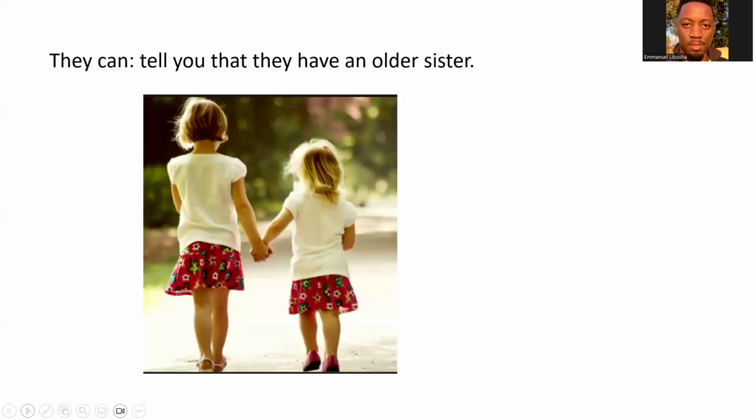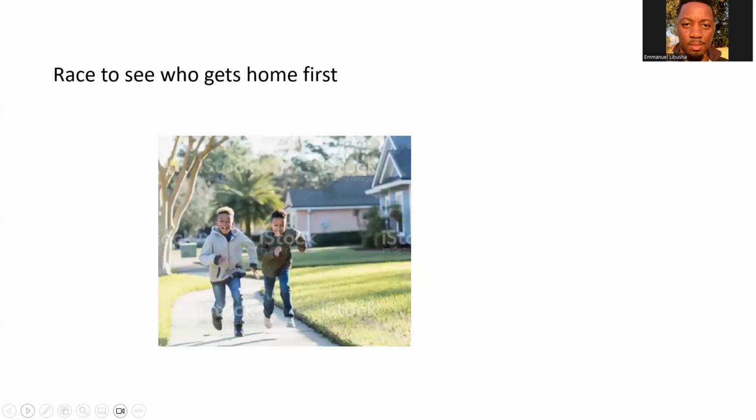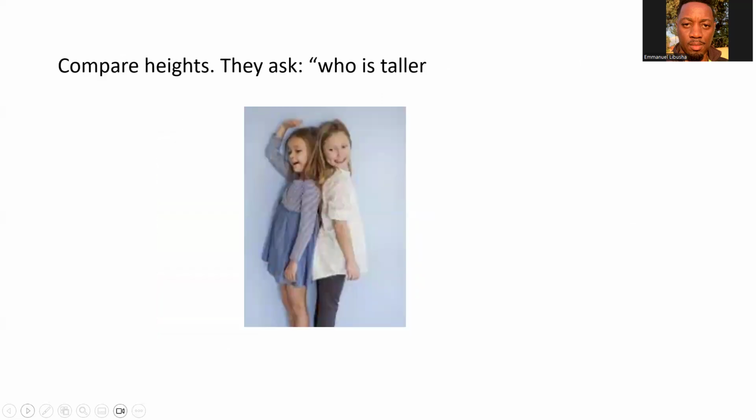For example, a child can tell if they have an older sister that the older sister is taller than them. They can lift a shopping bag and choose to carry the lightest bag because they can tell that this one is lighter than the other one. They can race to see who will go home first. All these are measurement: they compare heights and ask who is taller.